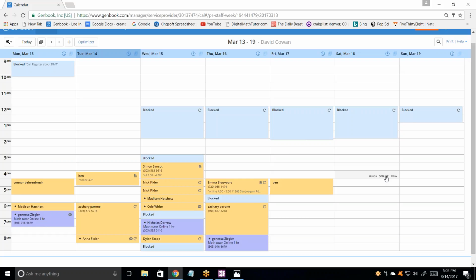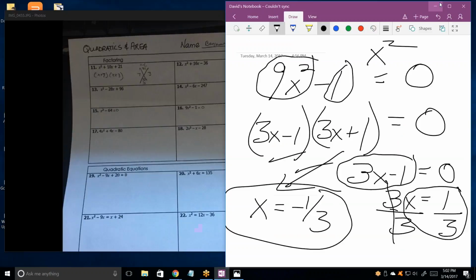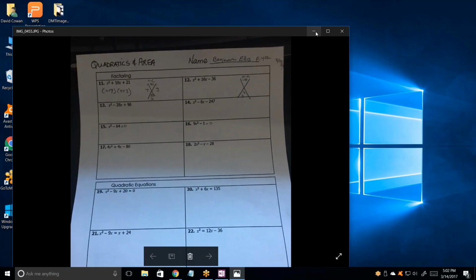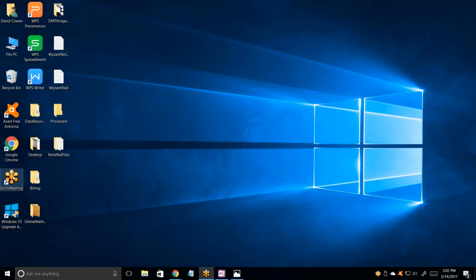If the audio is working, then on a regular basis all I do is text him the meeting ID number, and he has the software. Ben, you have the software on your computer now. It looks like a little flower, this orange thing. You should have that on your desktop now.